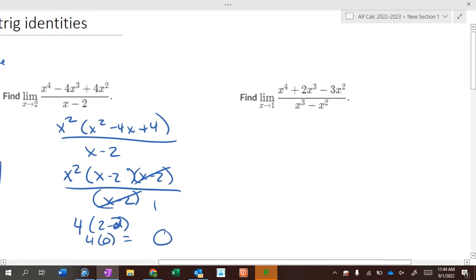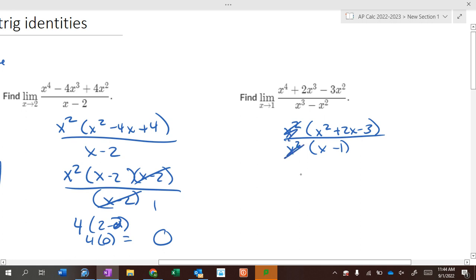On this one, what's the factoring that we would do? x squared comes out of both the top and the bottom. On the top, we get x squared plus 2x minus 3. On the bottom, we get x minus 1. Any more factoring we can do?